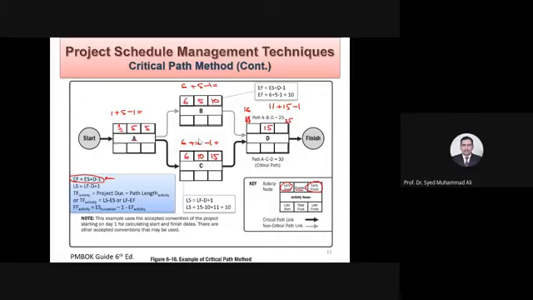Let's take the example of a simple home. Let's say activity D is the pouring of concrete for the slab. Let's say path A is the fixing of windows during construction and many other things which are happening. Whereas C is the construction of walls.